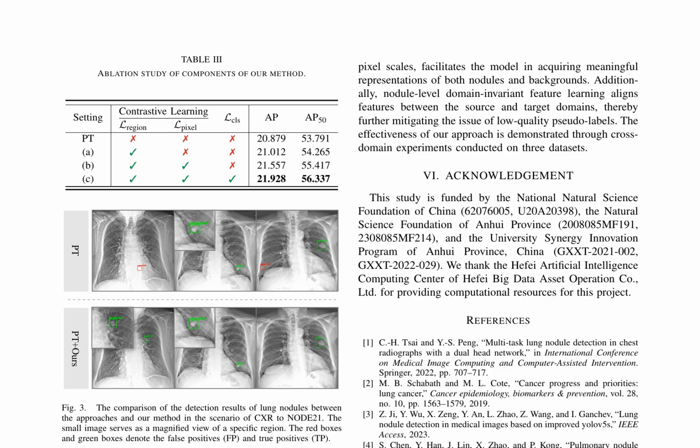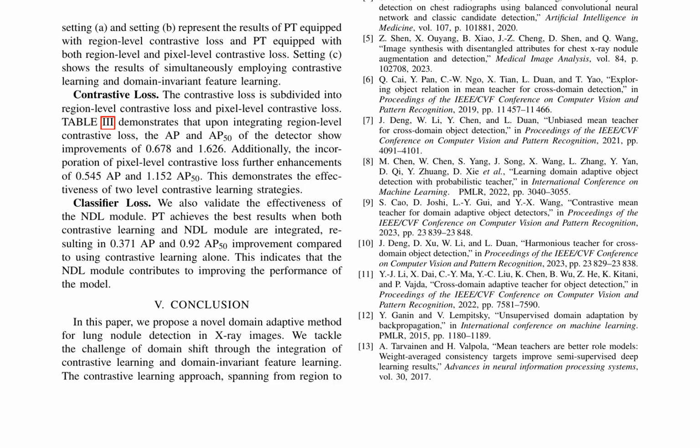The paper also includes ablation studies on critical components of the model, such as contrastive learning and classifier loss, which show significant improvements in performance when these components are incorporated. The results indicate that the proposed method outperforms other established domain-adaptive object detection methods in both the CXR to B-nodule and CXR to Node 21 scenarios.